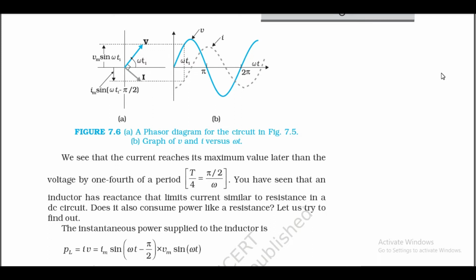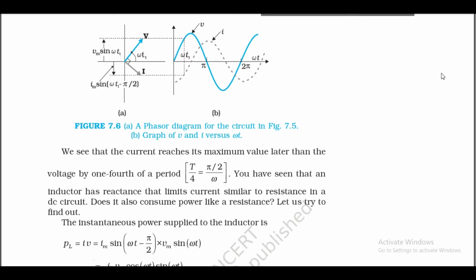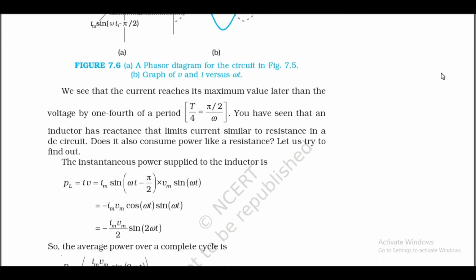You have seen that an inductor has reactance that limits current similar to resistance in a DC circuit. Does it also consume power like a resistance? Let us try to find out. The instantaneous power supplied to the inductor is pL = iv = im sin(ωt − π/2) × Vm sin ωt = −im Vm cos ωt sin ωt = −(im Vm/2) sin 2ωt.